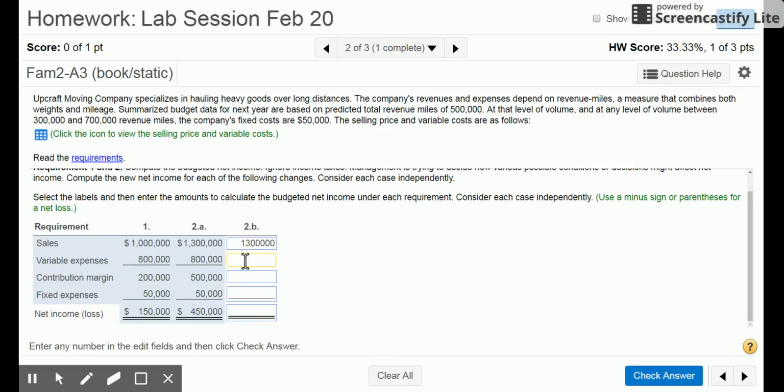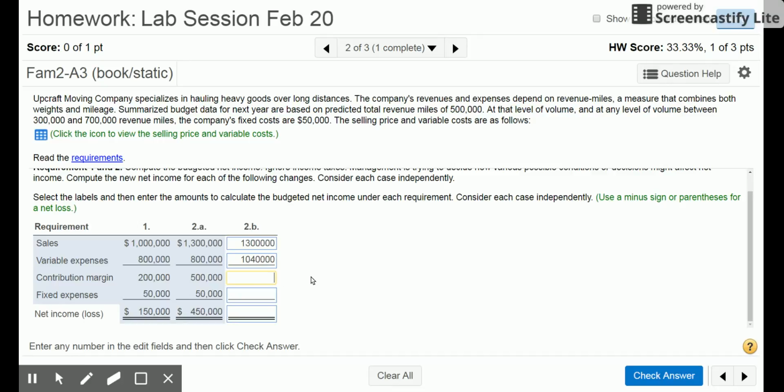But the difference is this time, since our revenue miles increase, the variable expenses will increase accordingly. So 650,000 revenue miles multiplied by 1.6 will give us $1,040,000 as variable expenses.